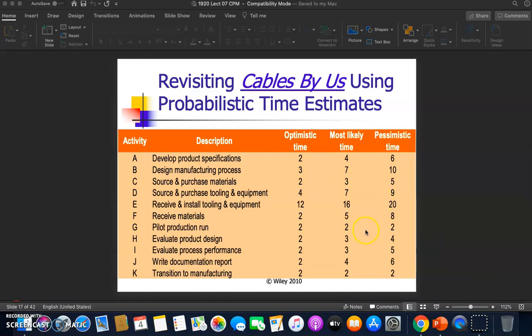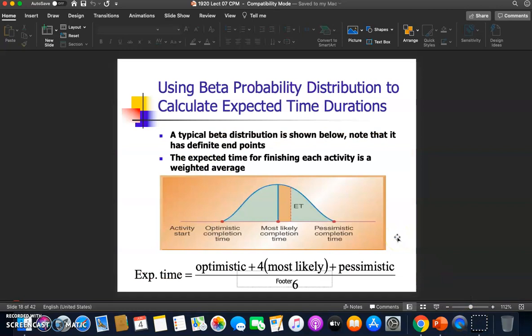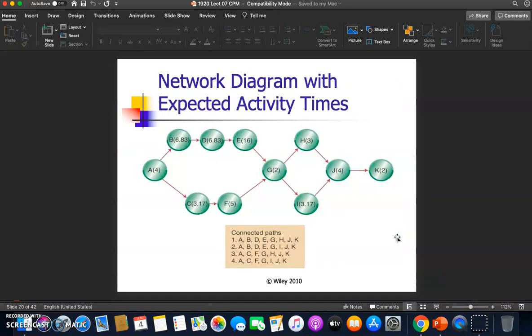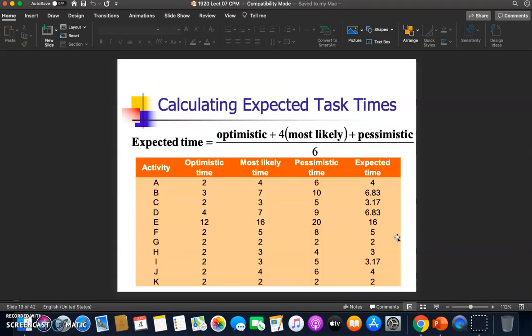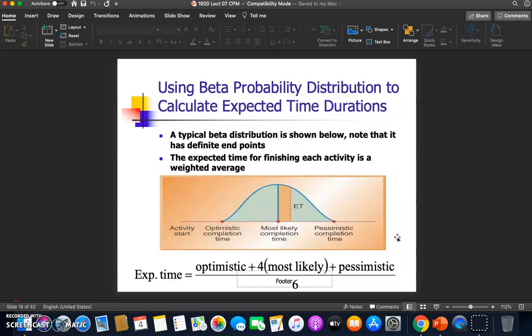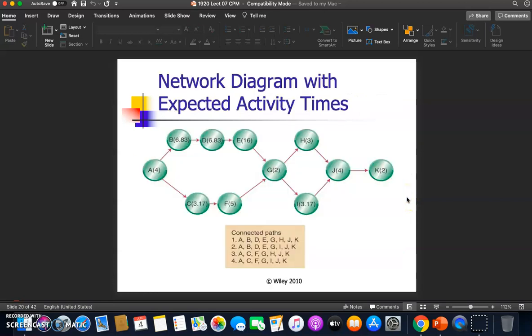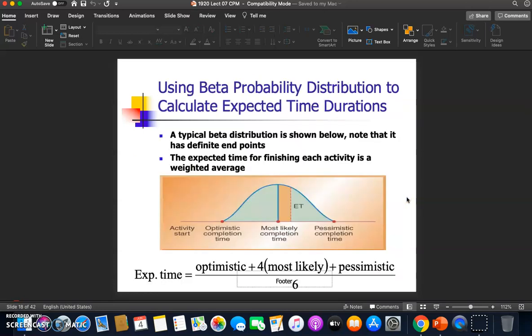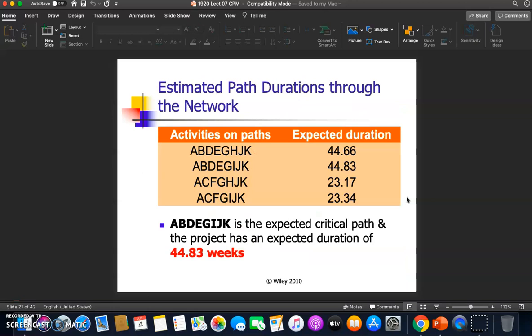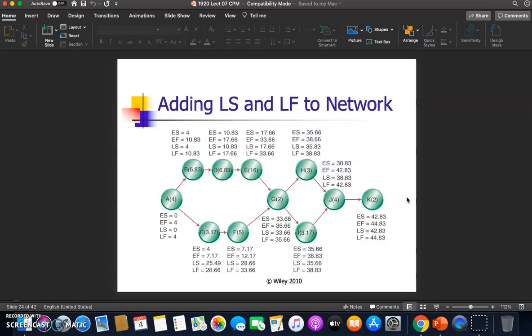So I will not teach the PERT method. So we just focus on critical path method for this lecture. But you can see the slide just for your information.